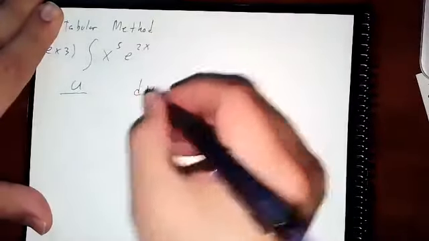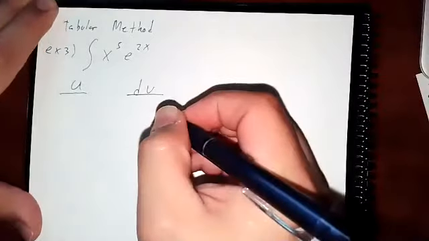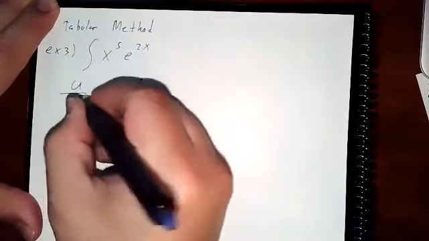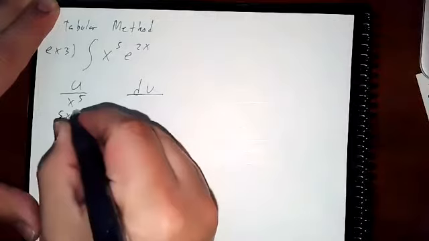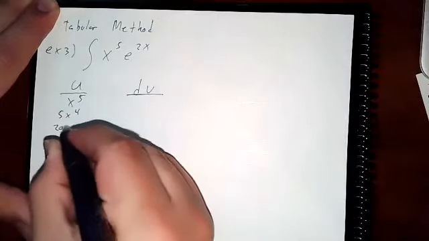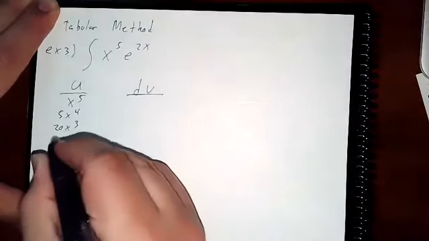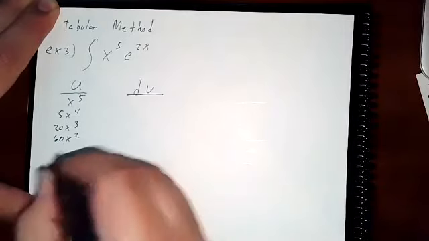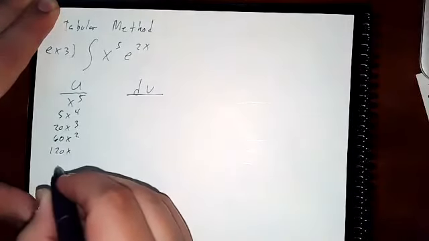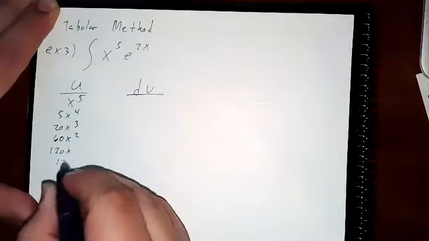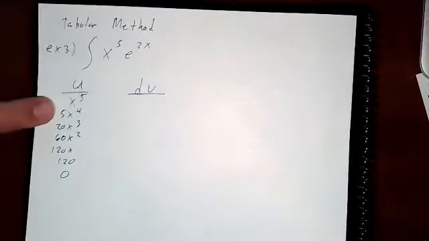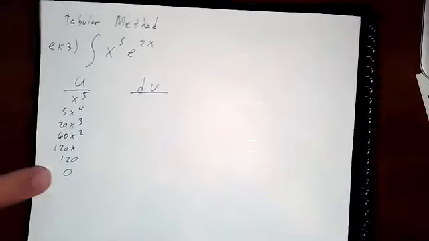Make a little column for u and a little column for dv. So x to the fifth, one derivative is 5x to the 4th, another derivative is 20x cubed, another is 60x squared, 120x, 120, and 0. So it'd be 1, 2, 3, 4, 5, 6 derivatives.